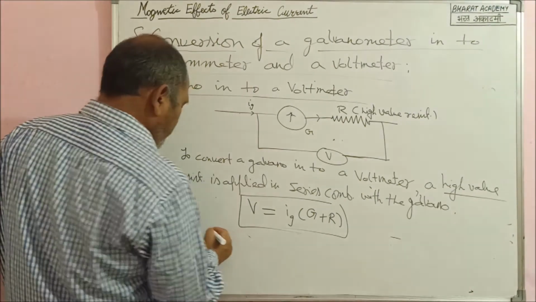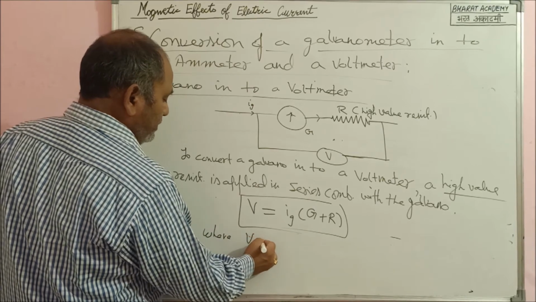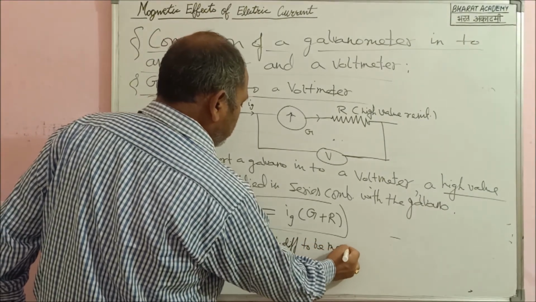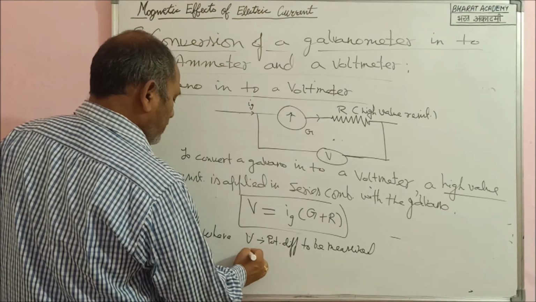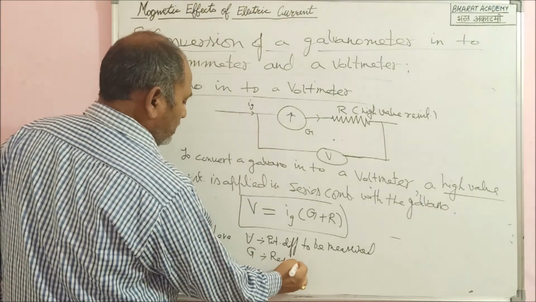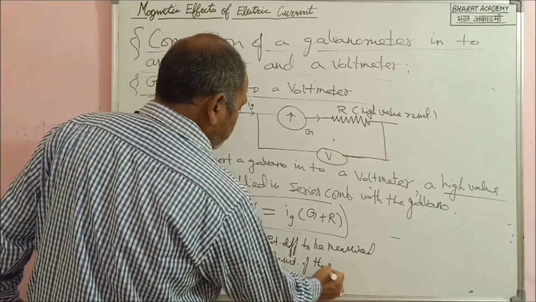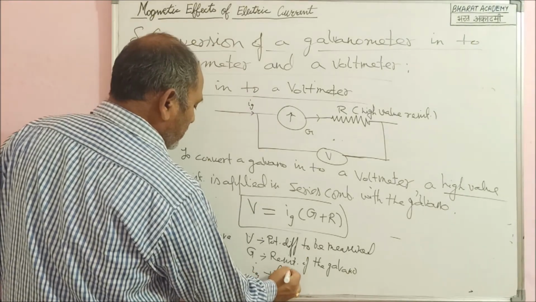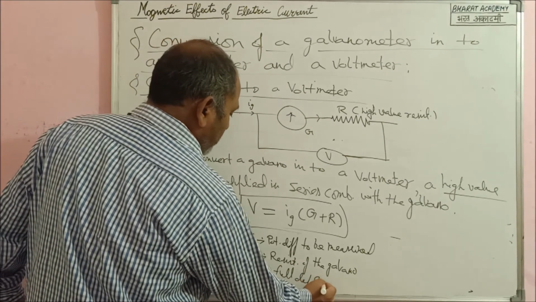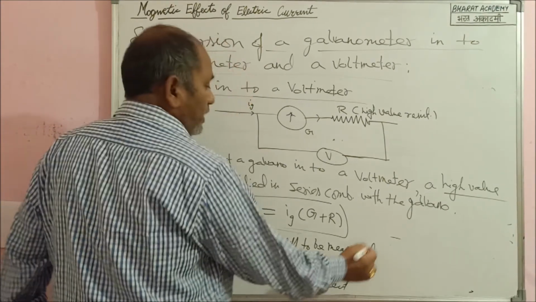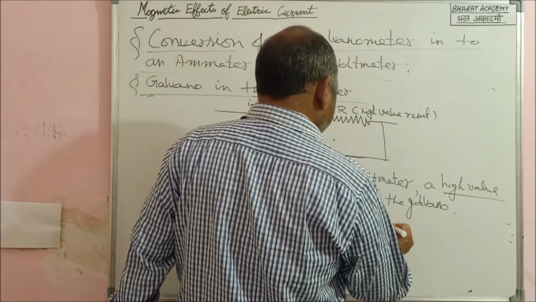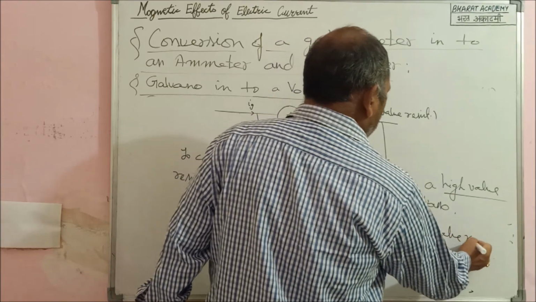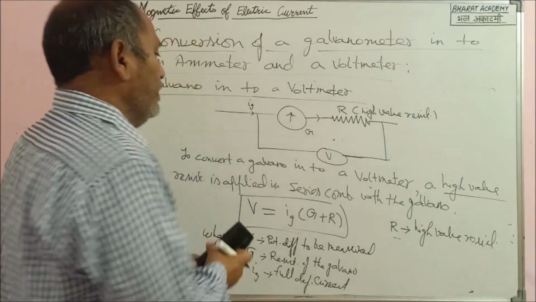Here V is the potential difference or voltage to be measured, G is the resistance of the galvanometer, Ig is the full deflection current, and R is the high value resistance.